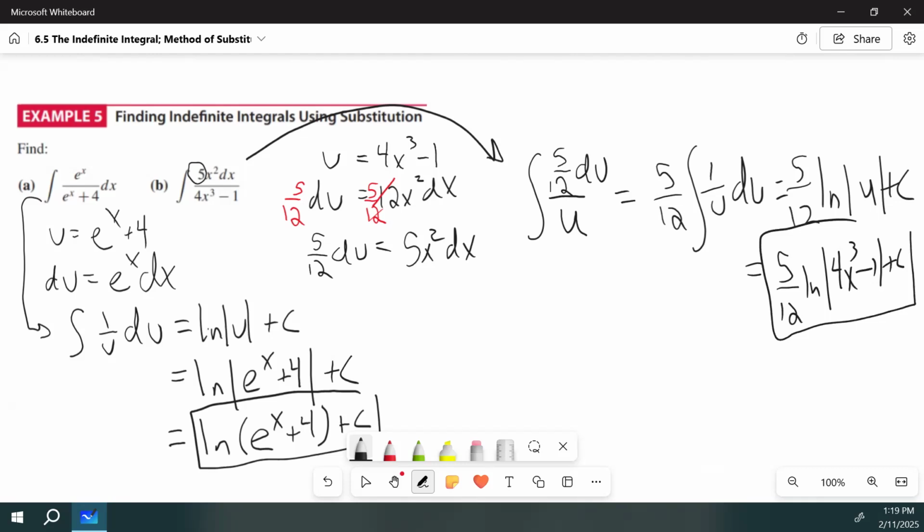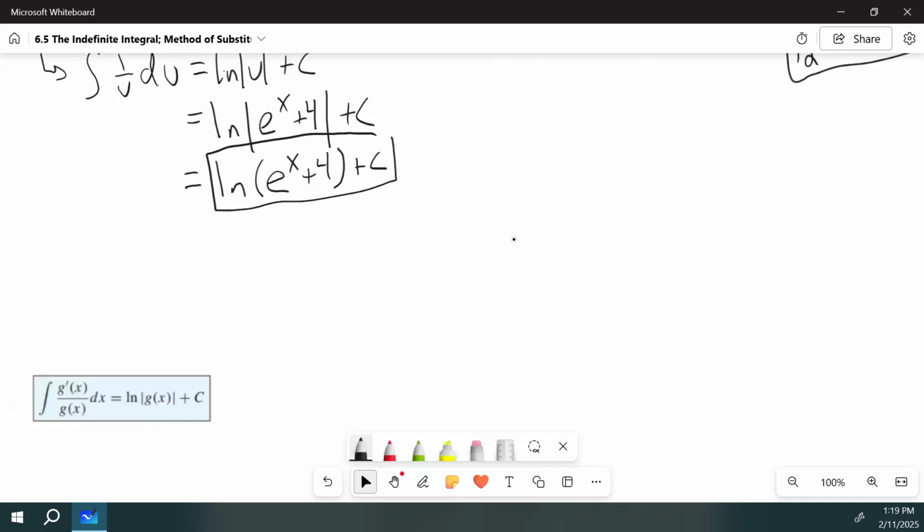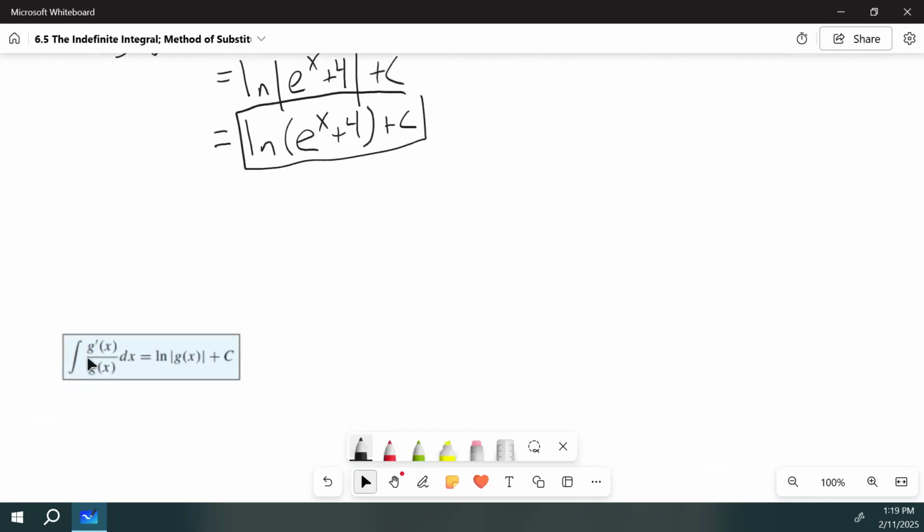So in these two examples, the integrands have a numerator that is the derivative of the denominator, and you might have to adjust for a constant, but that gives us the following formula. If you have the integral of g prime over g, then it's going to be natural log absolute value of g.